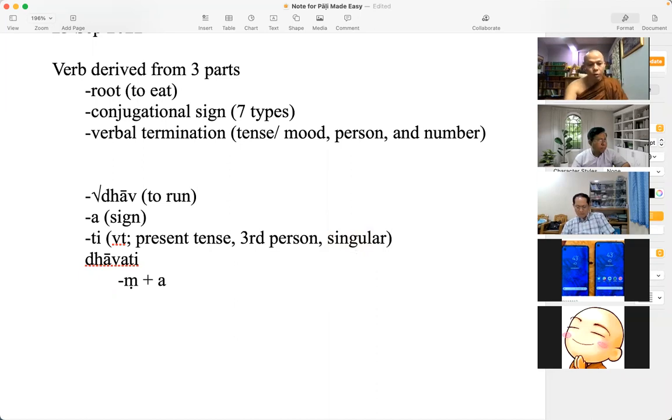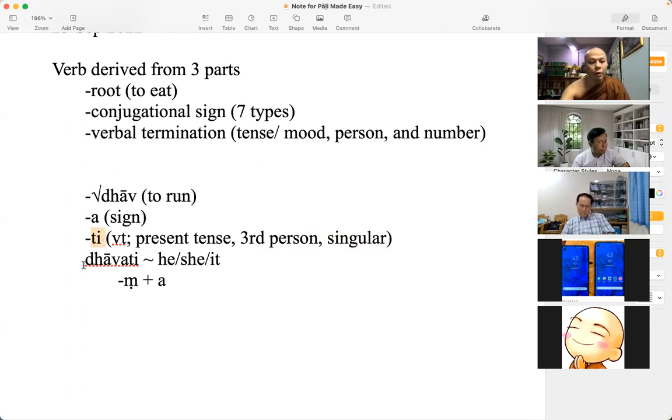So now joining these three parts, after root dawa by adding this a, and then the verb termination ti. The meaning of root dawa is to run. Now we have the complete form, dawati. Because of that person singular subject, we already know that he or she or it. Generally, we know that the subject is already denoted by this verb termination.